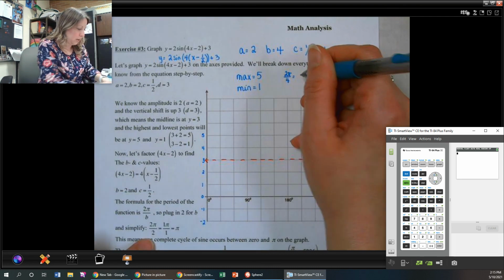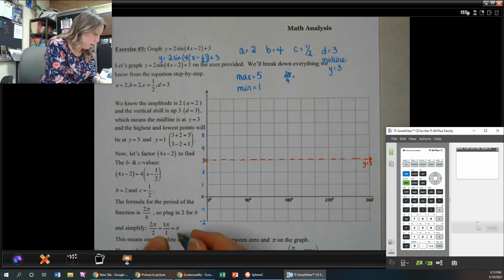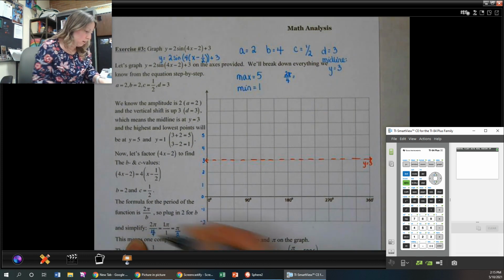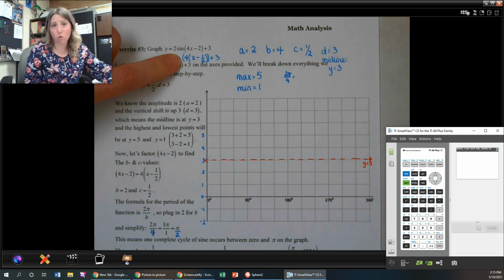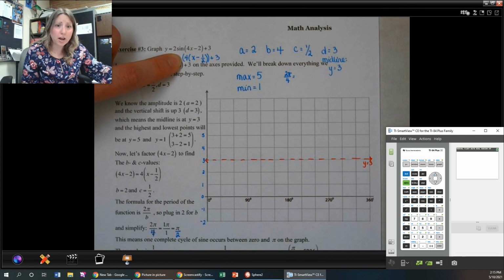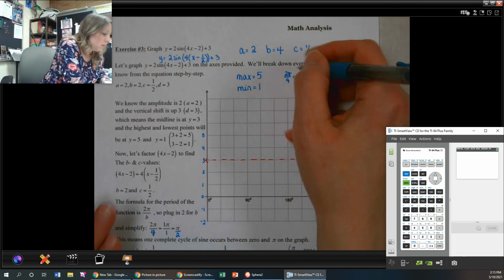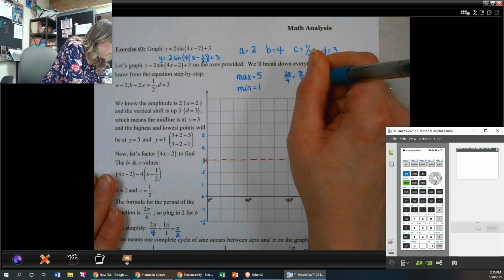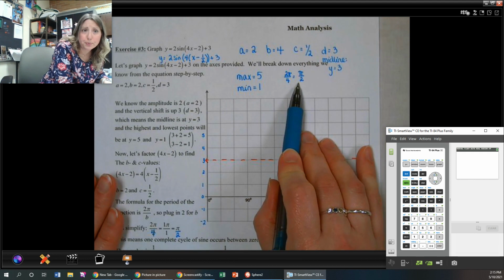Oh, this is wrong right here. That's why I'm looking at it. This is pi over 2 should be it, because this should be over 4. So our b value is 4. We had to pull a 4 out from the front. So that's incorrect. So this should be pi over 2 as our period.